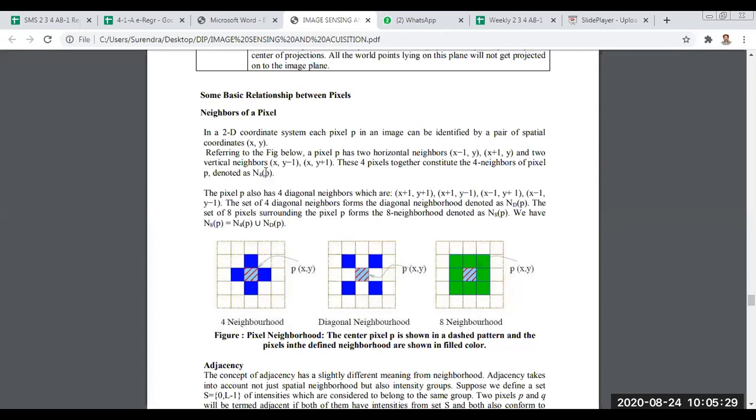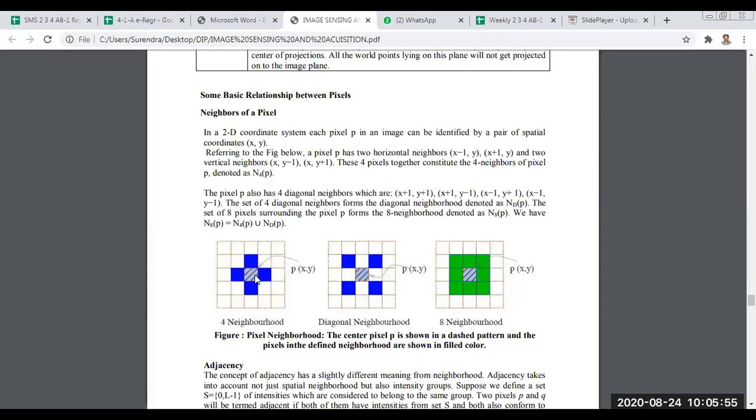Now here I am showing three figures. The first one is the 4 neighbor, the second one is the diagonal neighbor, and the third one is the 8 neighbor. First, what is the 4 neighbor? If you observe, there is a center pixel, P of x comma y.